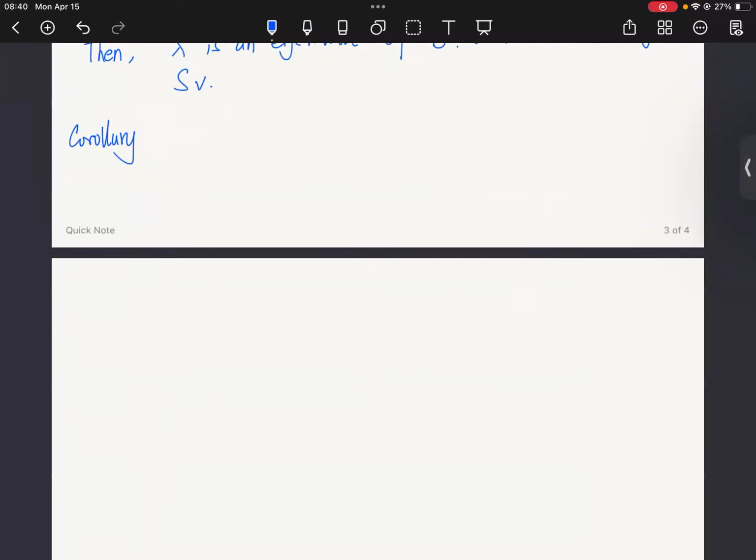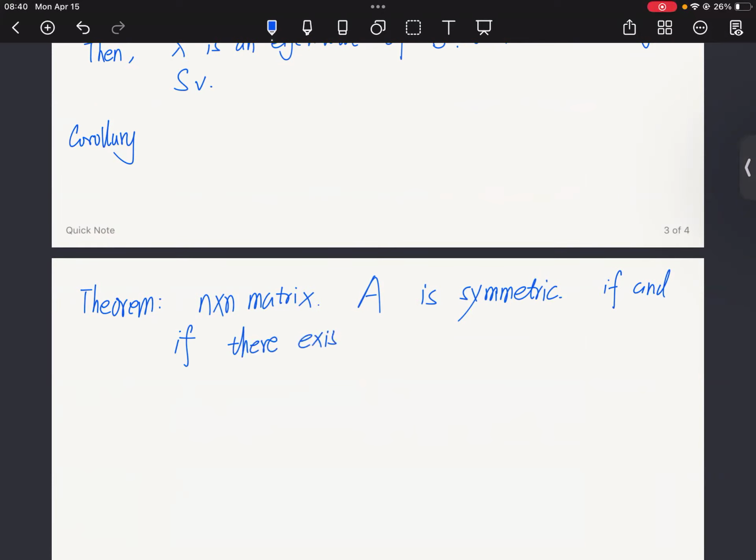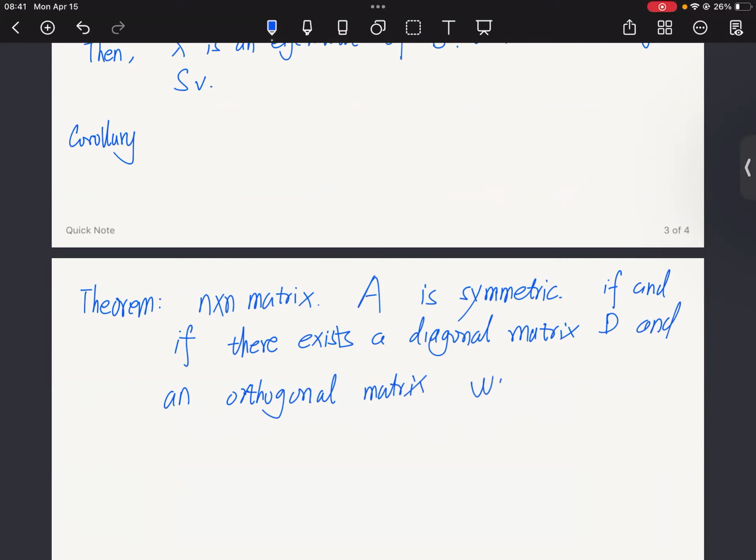First, there's a theorem: an n by n matrix is symmetric if and only if there exists a diagonal matrix D and an orthogonal matrix Q such that A equals Q D Q transpose.